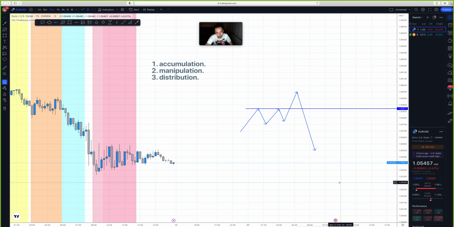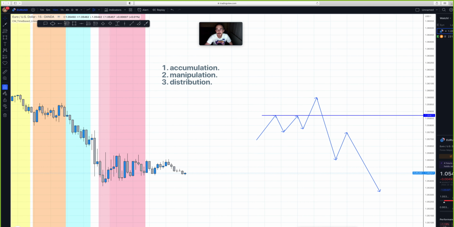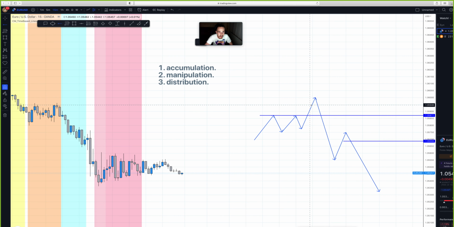We're going to manipulate above, and then here comes the distribution, and then price will do something like that. And then price will always leave an area of supply right here, the true area of supply. This is not valid here.